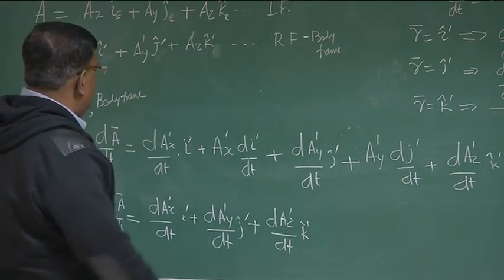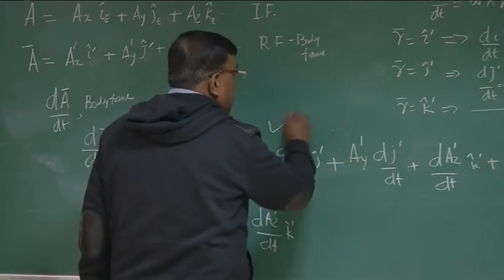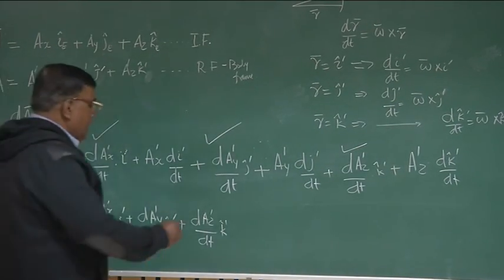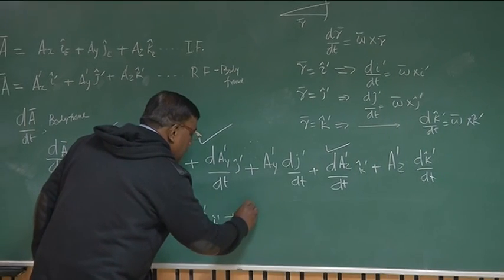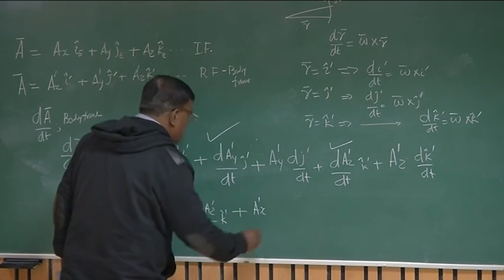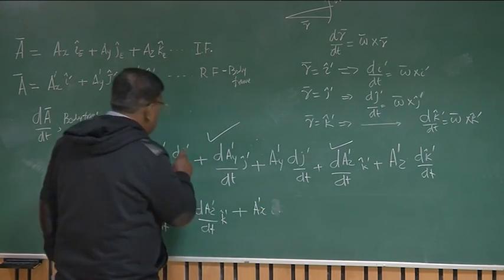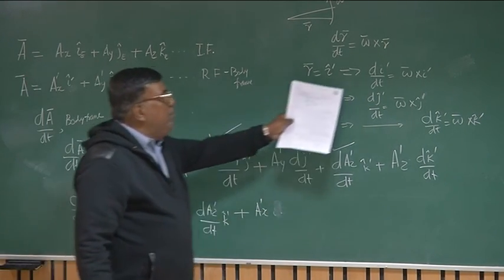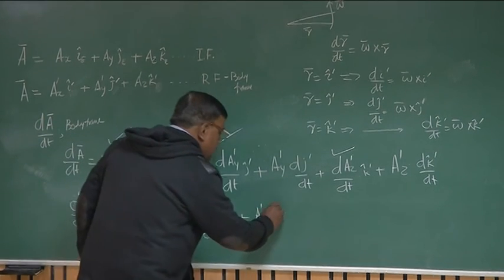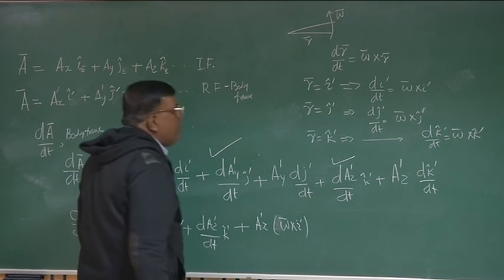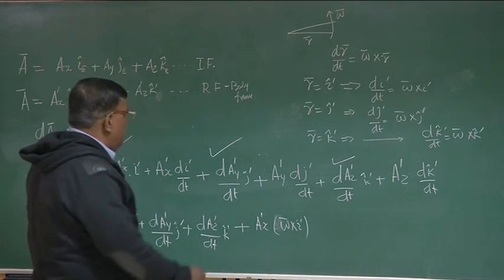Then what is left? This I have taken care of, this I have taken care of, this I have taken care of. What is left is Ax prime into di prime by dt, and di prime by dt is omega cross i. So this is omega cross i prime.